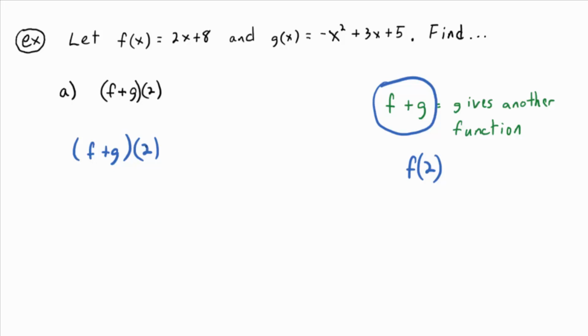But what's kind of funny is what this is equivalent to looks like multiplication. It turns out that by definition, it makes sense to define f plus g of 2 as f of 2 plus g of 2. In other words, to find f plus g of 2, we add the output values f of 2 and g of 2.